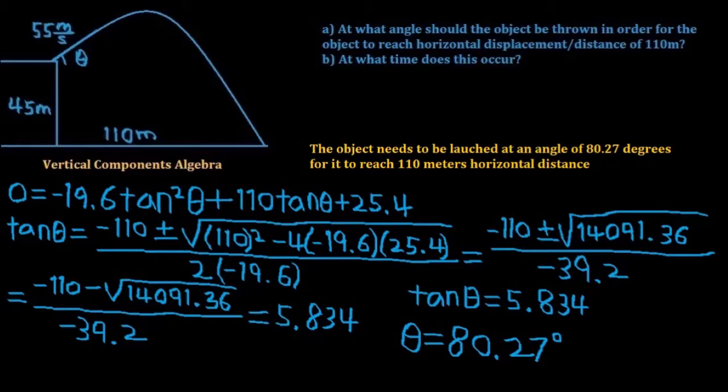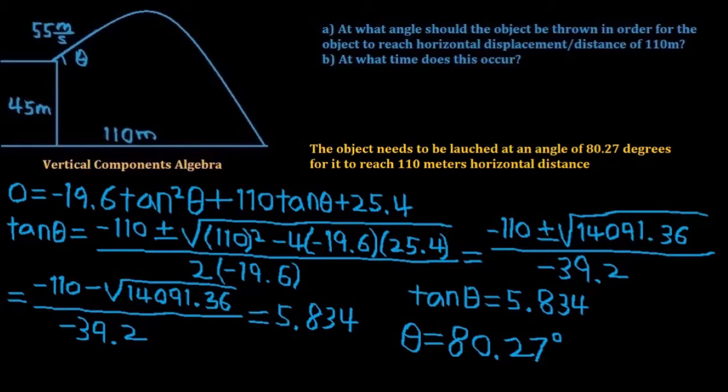There are obviously two values, but one of the values turned out being negative. Since only the positive value should be considered, we look at the positive value. The positive value turned out being 5.834.